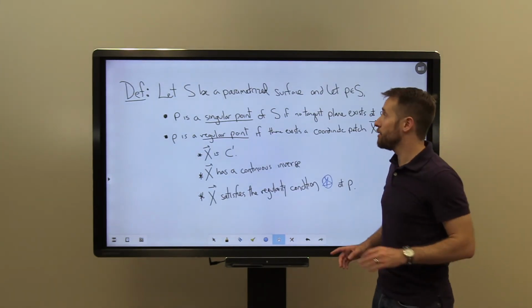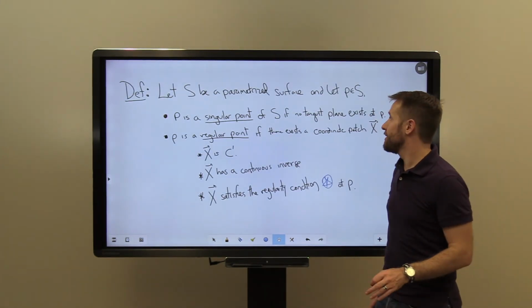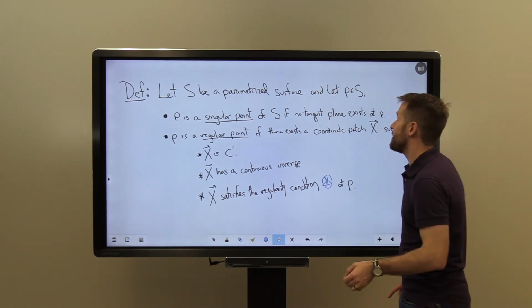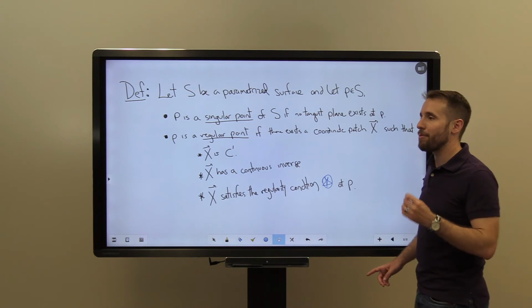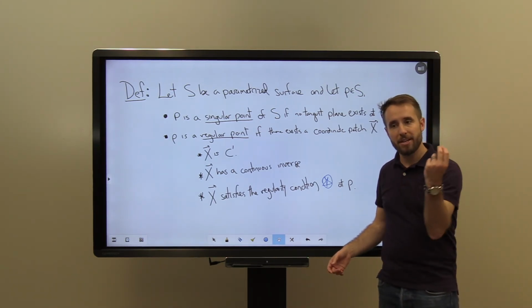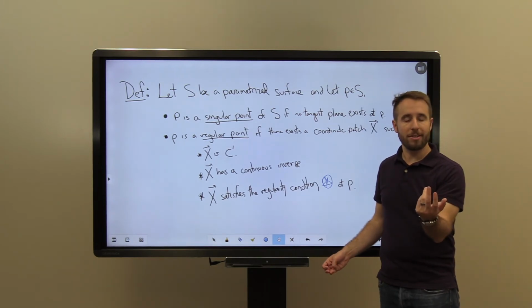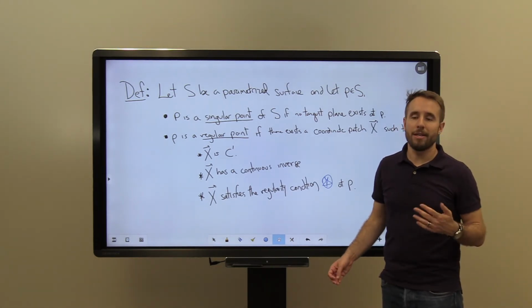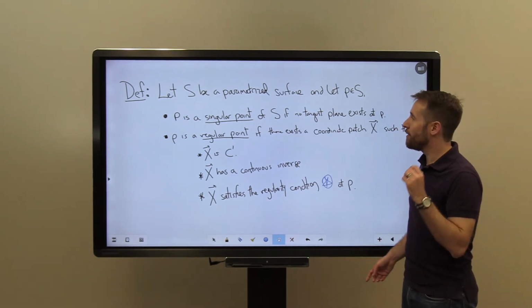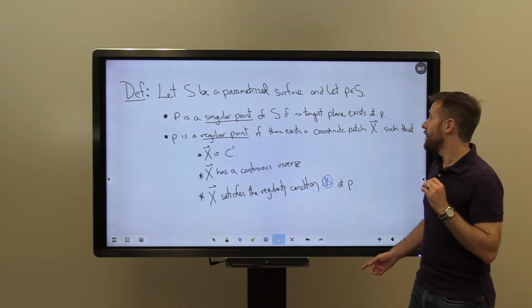Now, I just want to conclude with this final definition that summarizes all of this. If we have a parametrized surface and we take any point on that parametrized surface, it can really fall into one of two categories. It can either be a nice point, where everything is looking nice, or it can be a not so nice point where something is kind of messed up. And I'll identify one way in which it can get messed up.